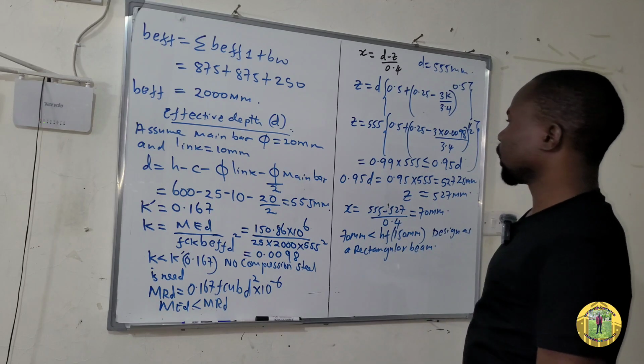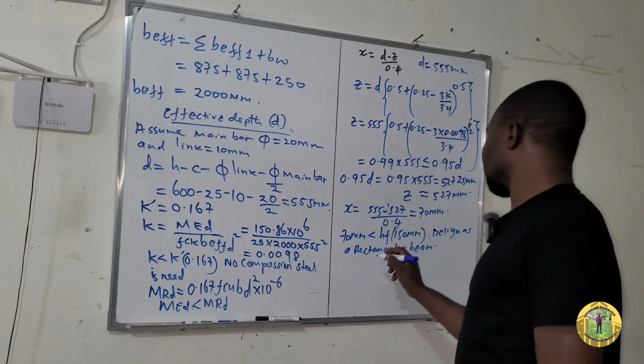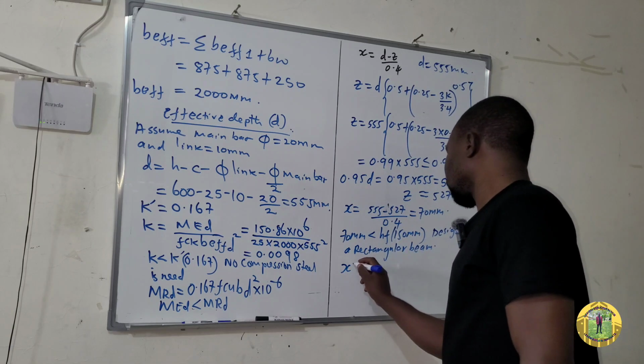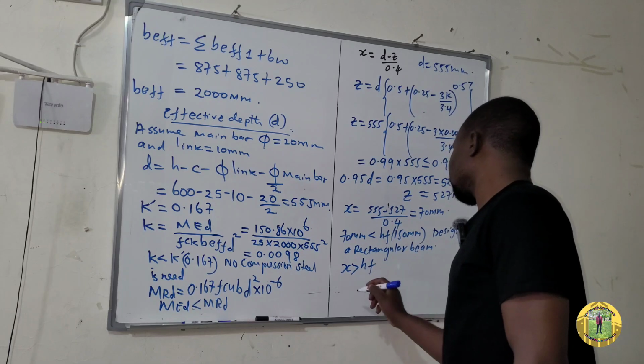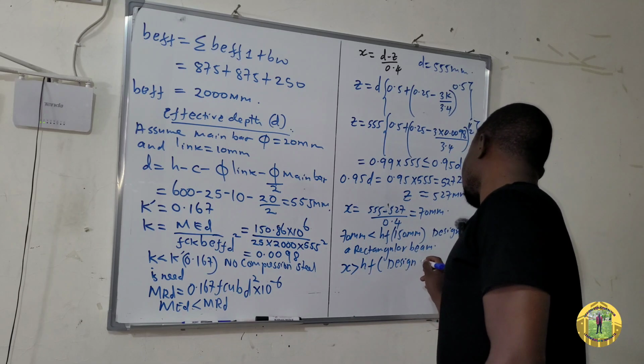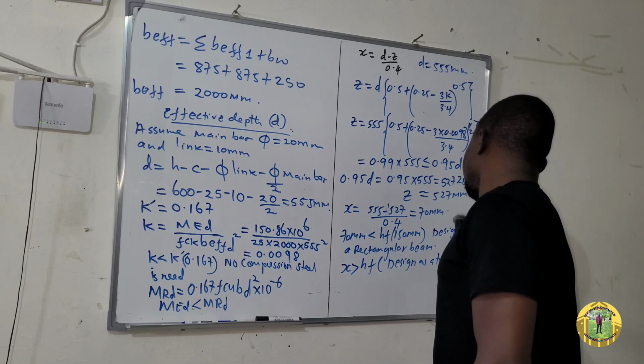So the formulas remain the same for the area of steel in tension and compression. But if X is greater than HF, then you'll design as a true T-beam.